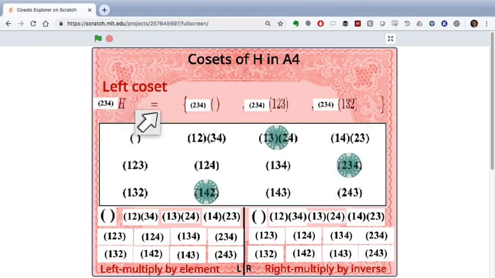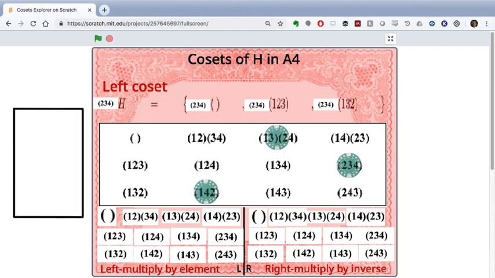Right? So what is happening here, to correlate it to the model that I'm kind of putting down on the other screen here, is that we're starting with a subgroup of A4 that consists of the identity, it consists of (1 2 3), and it consists of (1 3 2).